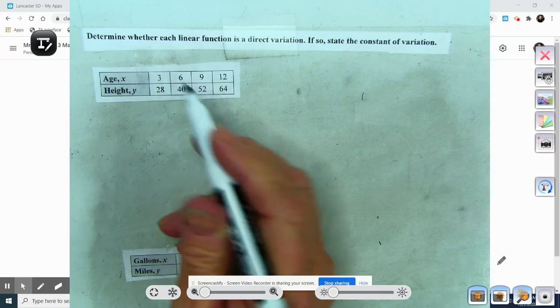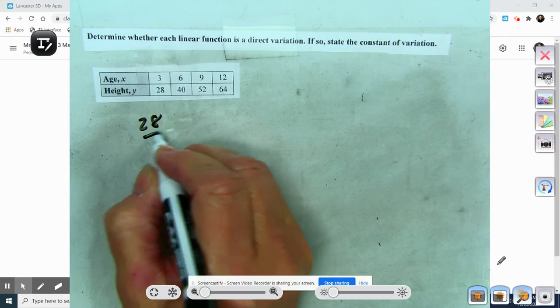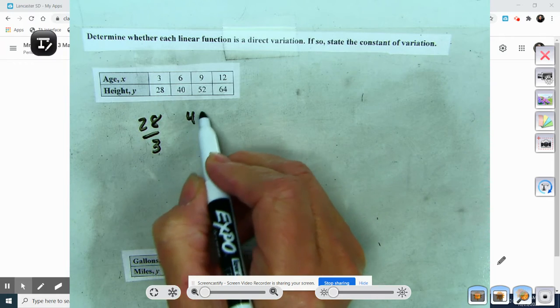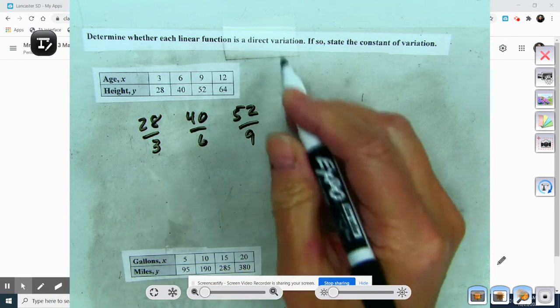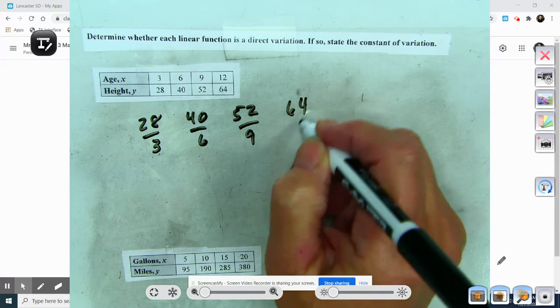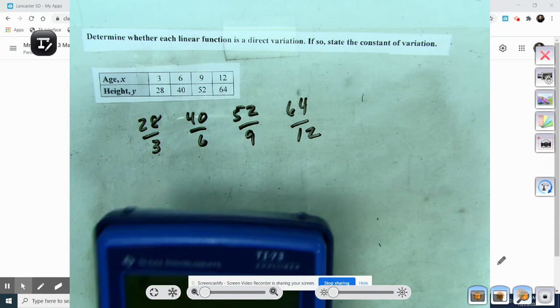To know if it's proportional, we're going to make fractions. We're going to take 28 divided by 3, 40 divided by 6, 52 divided by 9, and 64 divided by 12. If these fractions are all equal to each other, then we know we have a proportional line.